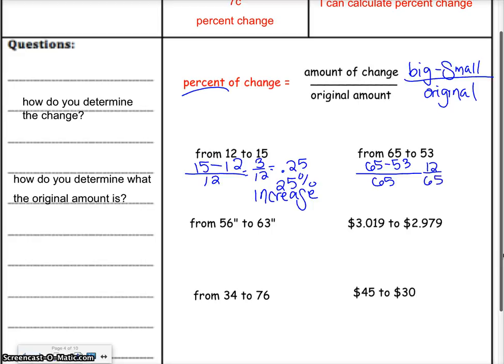So 12 divided by 65 is 0.185, rounded. And then I would say 18.5%. Did I get bigger or smaller? Smaller. So decrease. 18.5% decrease.